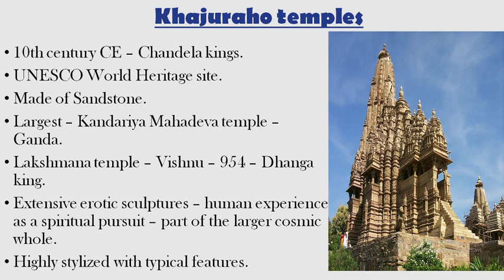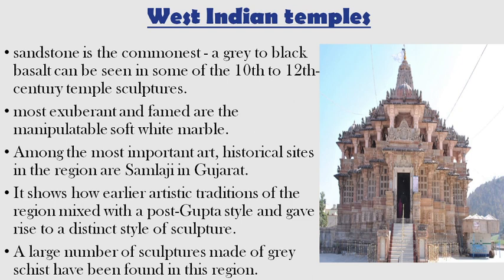After brahmacharya they had to enter the family phase, so they had to prepare for the family too. That's why, to teach them, these sculptures were carved around the temple. This is also a part of the larger cosmic whole. The temples are highly stylized with typical features of Nagara style of temple architecture.